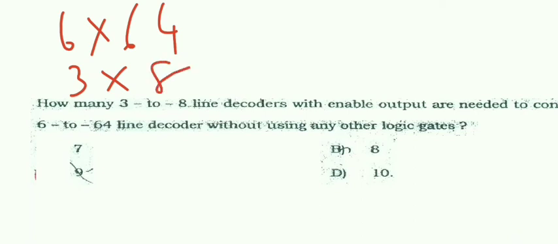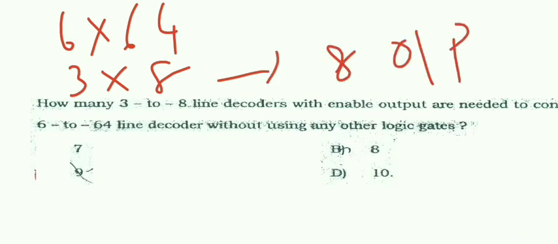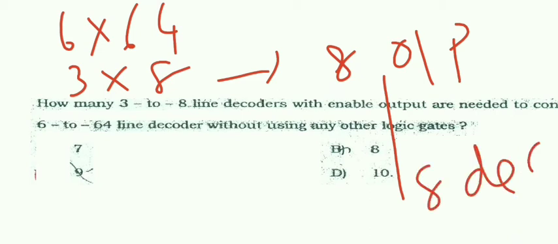One decoder can give 8 outputs. So if I want a 6 by 64 decoder, I need 8 decoders. Clear or not? One 3 by 8 decoder can give 8 outputs, but what I need is 64 outputs. So I need 8 such decoders. So totally I can get 64.